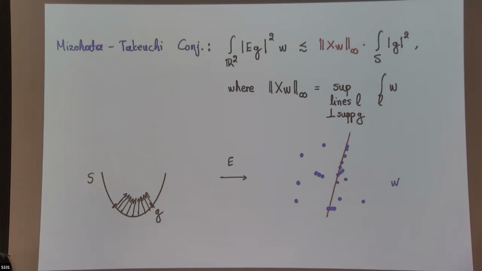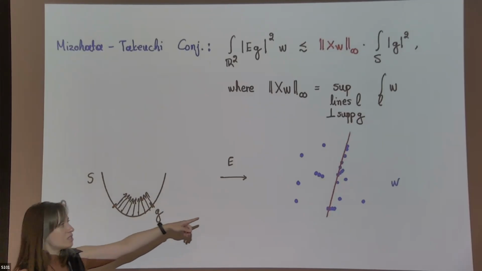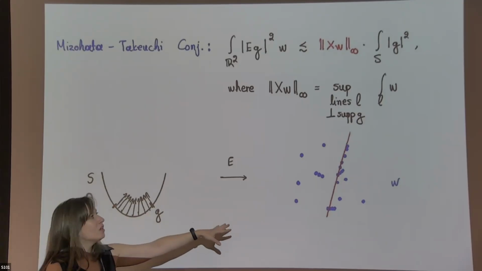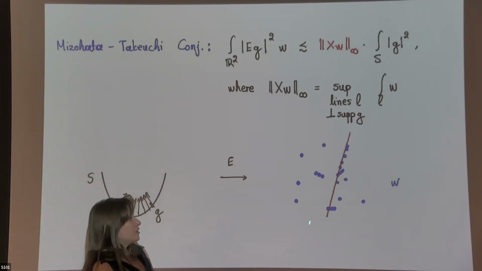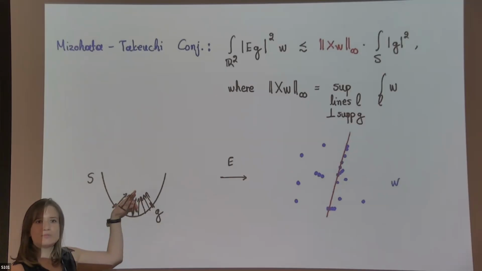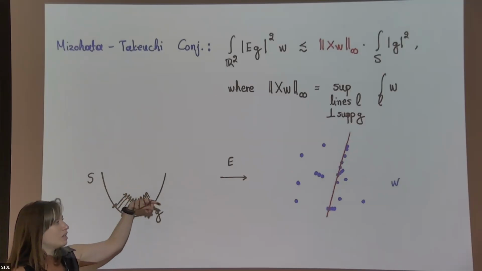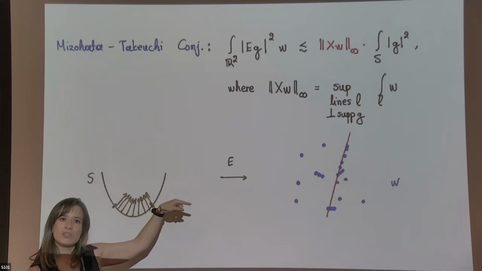Okay. Now, how about the other quantity on the right-hand side? Is the 2 norm of J squared. Of course, it appears on the left because Z is defined on the left, but does it appear on the right as well? Well, this line here is sort of merely vertical. So any orthogonal line to that is merely horizontal.